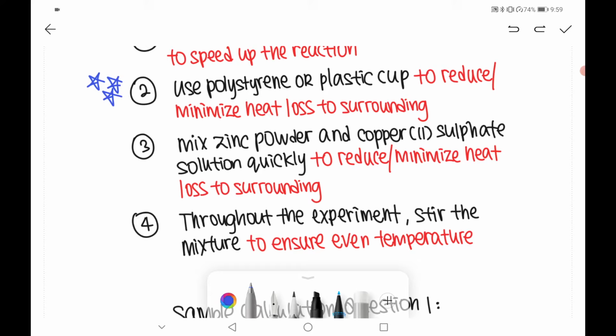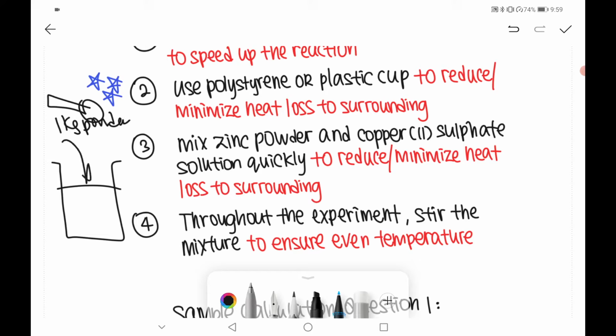Imagine we have 1 kilogram of powder. If you put in the 1 kilogram of powder in one shot, within, let's say, 10 seconds, compared to putting it in little by little, a little bit first, then a little bit more, and this process takes 30 minutes.